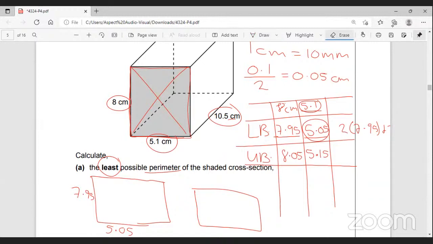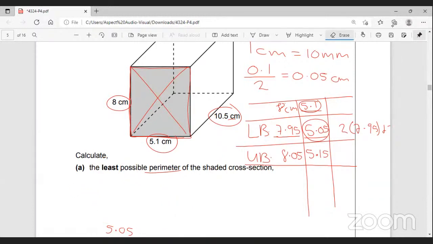What will happen if they ask you, I don't know whether the follow-up question is the maximum area? What will you do? You're just going to multiply the upper bounds. Will that give you the maximum?